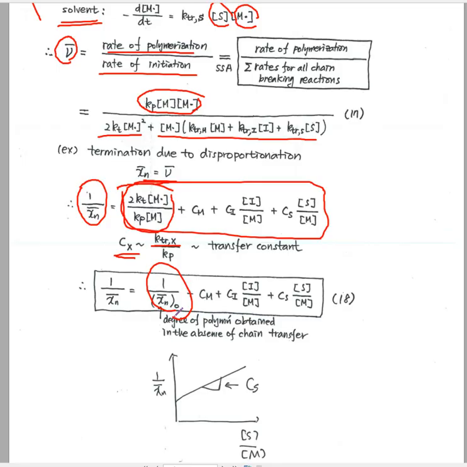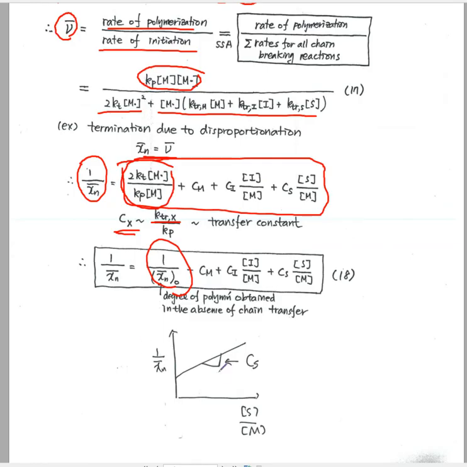So let's say that we use some compound as a chain transfer agent. It could be monomer, initiator, or solvent. Let's say that it's solvent.